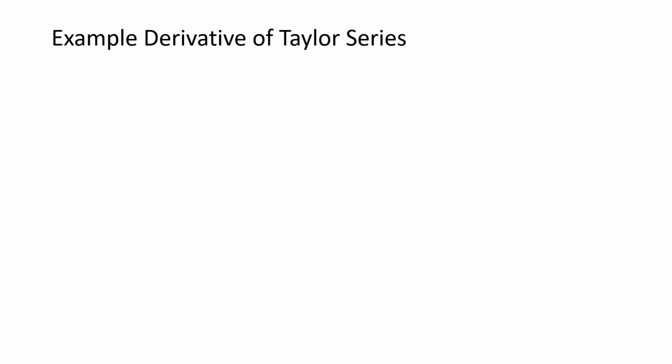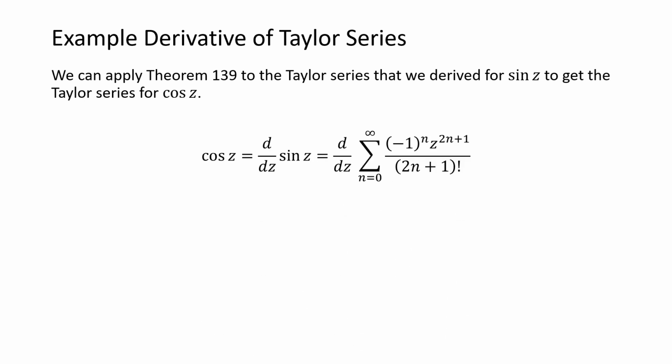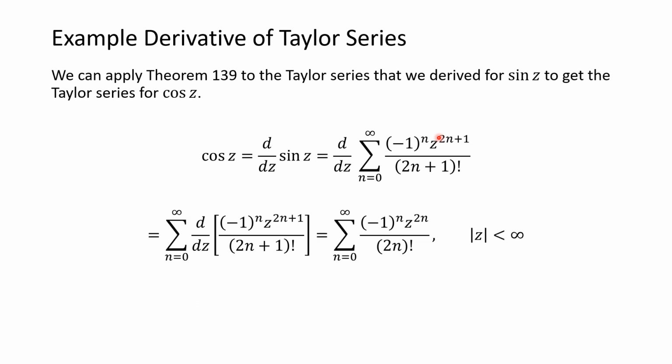So we can use our theorem from the previous slide to find the Taylor series for the cosine based on the fact that we know that the derivative of the sine is the cosine, so we can find the Taylor series for cosine about 0 in this case by taking the derivative of our formula for the sine of z.